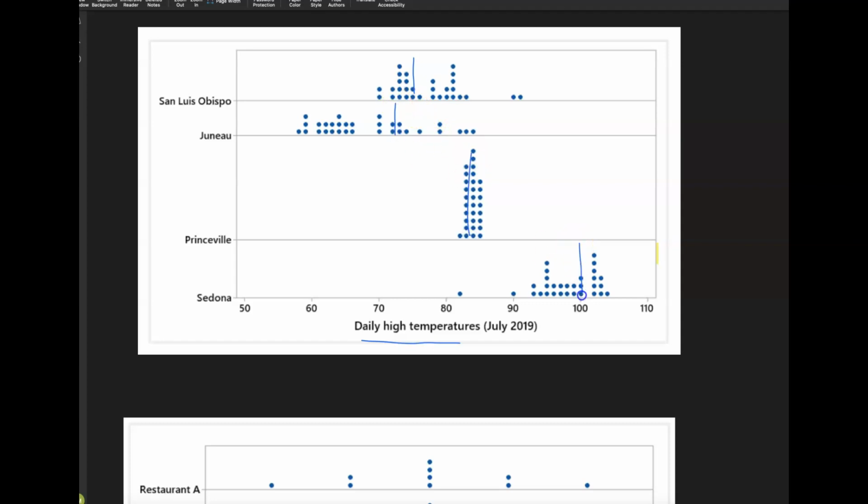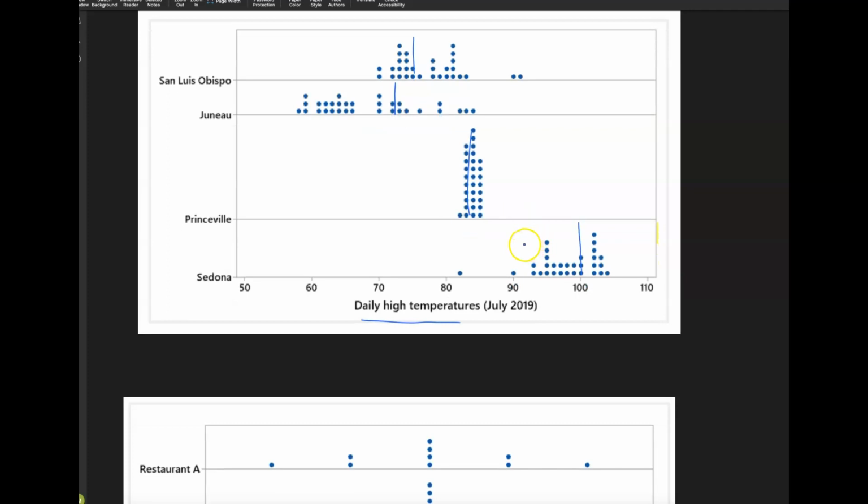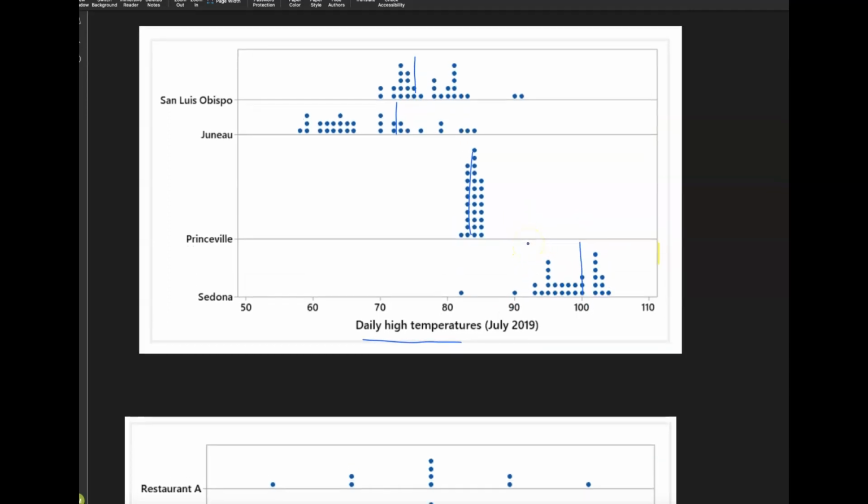Based on that, does it look like one of the cities is different than the others? Are the means different from city to city? An ANOVA test asks: are the means equal, or is at least one of them different?